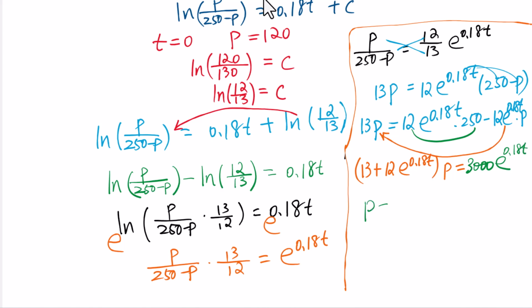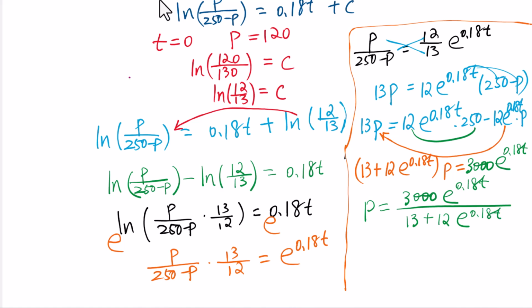Then P equals 3000 e to the power of 0.18t all over 13 plus 12 e to the power of 0.18t.